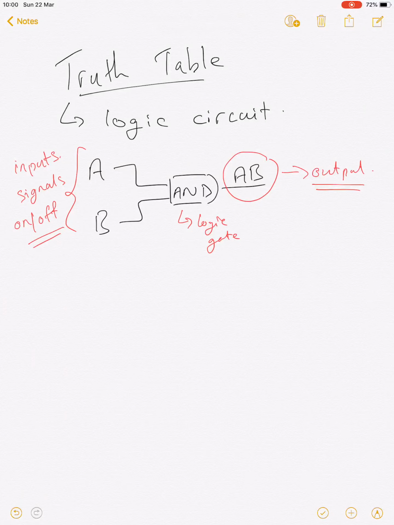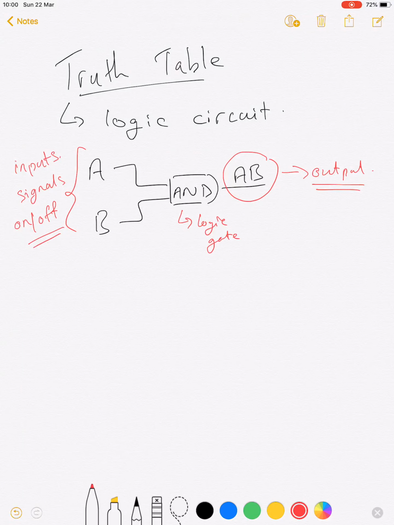But the truth table itself takes our logic circuit and shows us how this circuit actually works. So if I was to draw out this truth table, I would have A and B as my inputs, and the truth table should show us all the possible values for A and B. A can either be true or false, B can either be true or false.